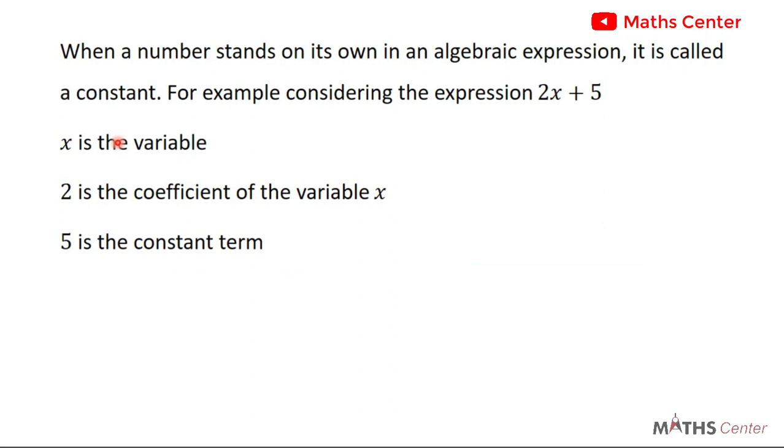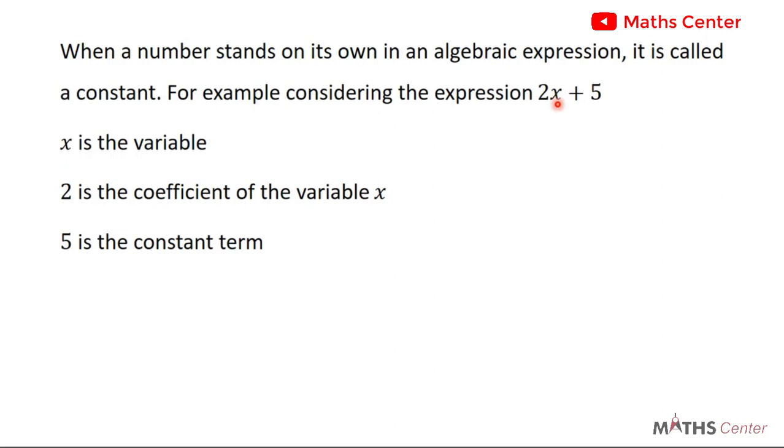When a number stands on its own in an algebraic expression, it is called a constant. For example, considering the expression 2s plus 5, s is the variable, 2 is the coefficient of the variable s, and 5 is the constant term. We can see from this example that we have 2 attached to s. s in this case is the letter.